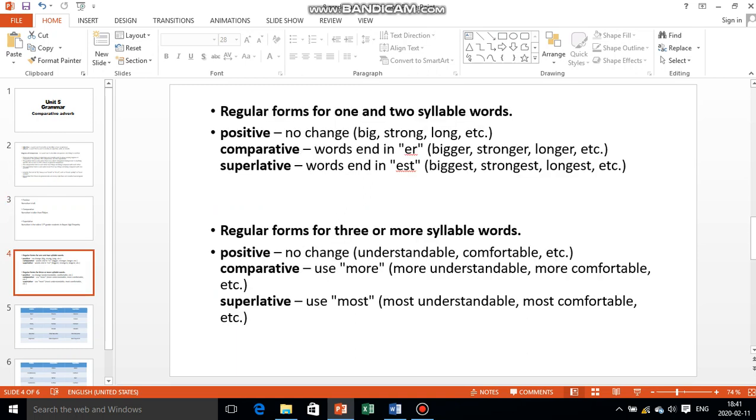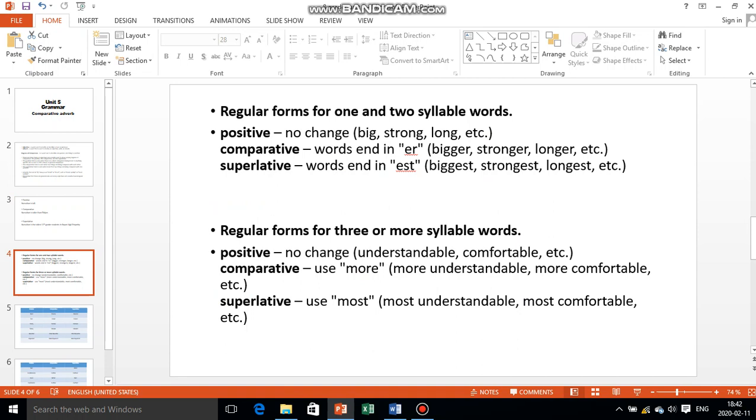Now, these are the rules in regular forms for one or two syllables. Okay, positive. In positive, there is no change for the words big, strong, long. If it is positive, that's the normal word. Next one is comparative. In comparative, you are going to add er.